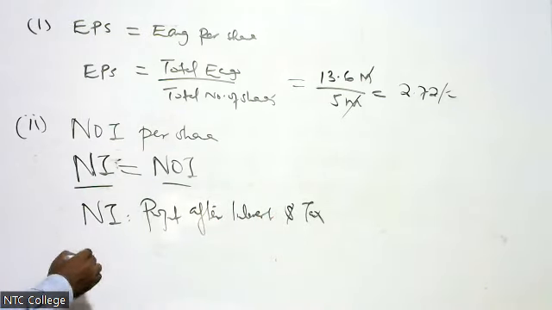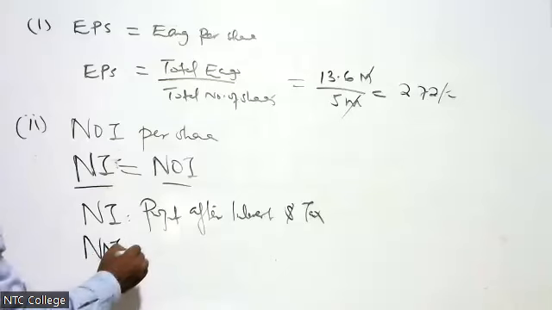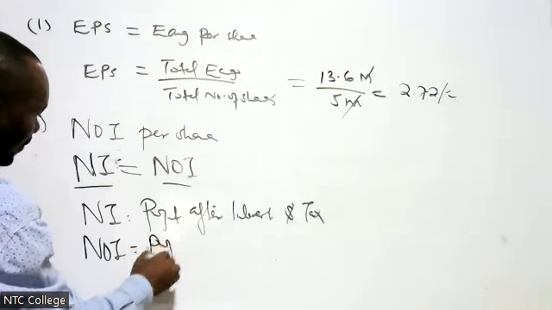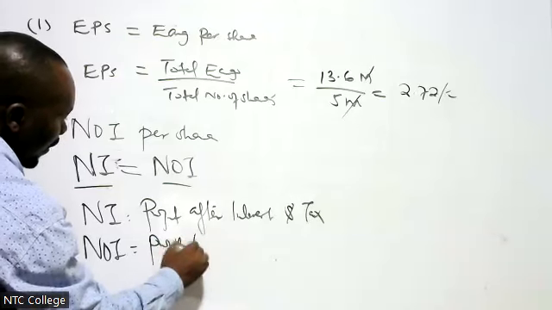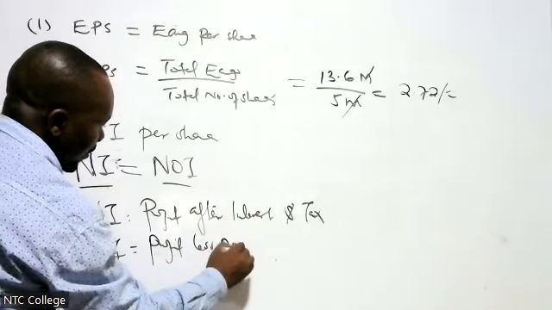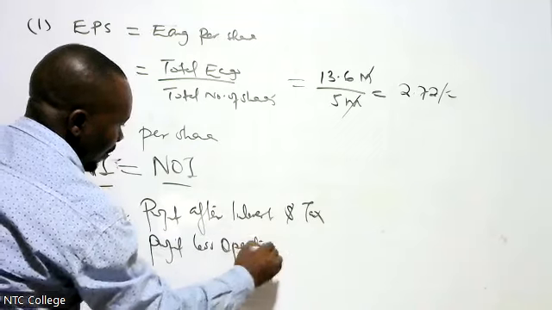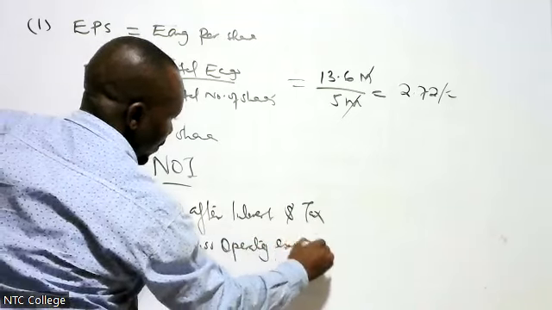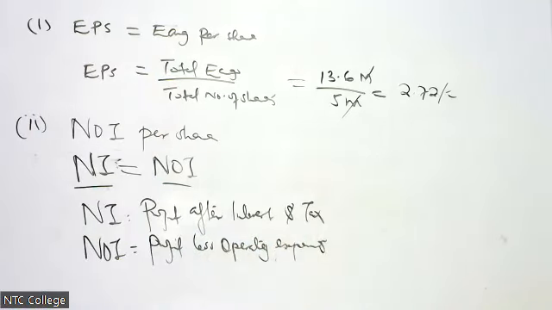But NOI is profit less operating expenses, or you say profit before interest and tax. This one is before interest and tax. This one is after interest and tax.